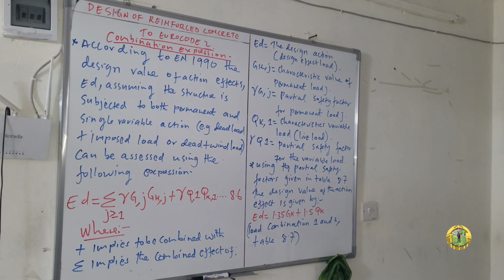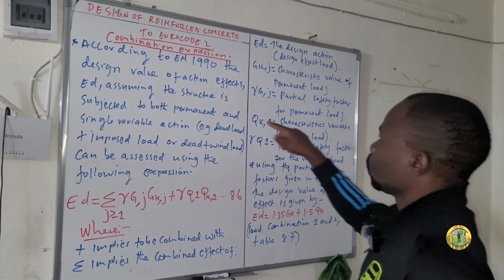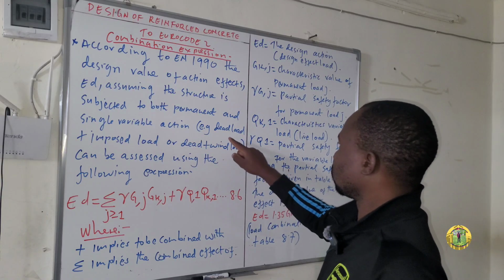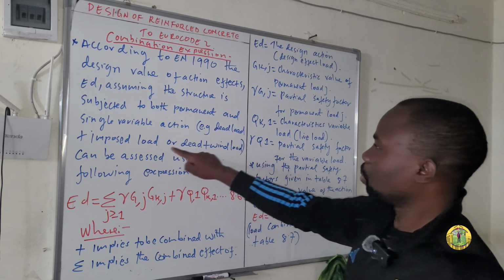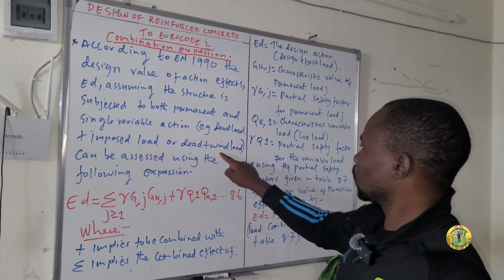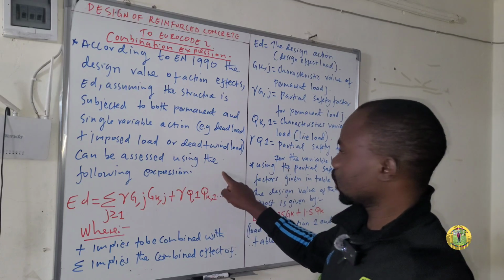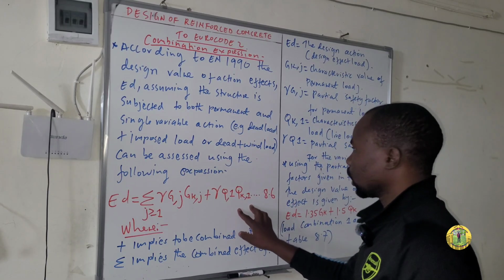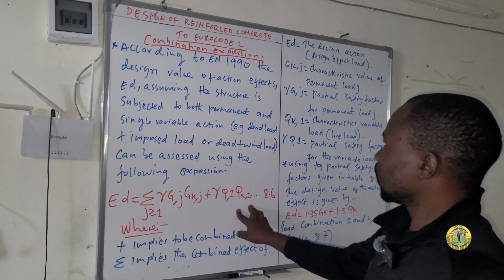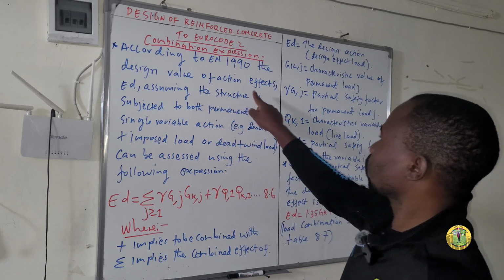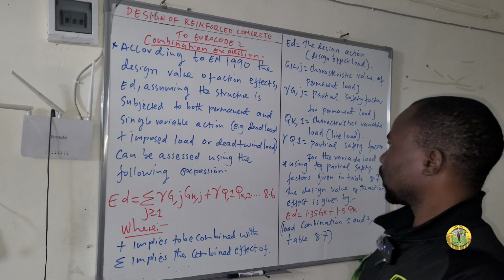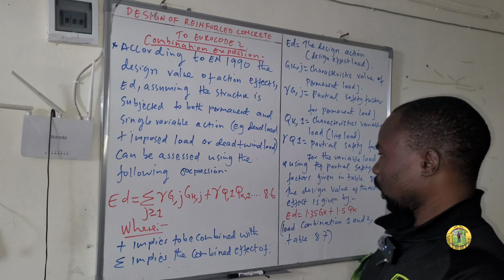According to EN 1990, the design values of action effects, assuming the structure is subjected to both permanent and a single variable action, for example dead load plus imposed load, or dead plus wind load, can be assessed using the following expression. This is the expression used to assess the design value of action effect on a structure subjected to permanent and single variable action.